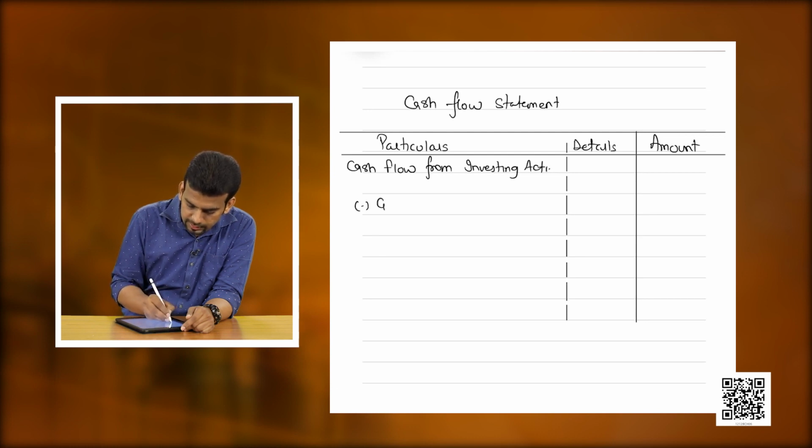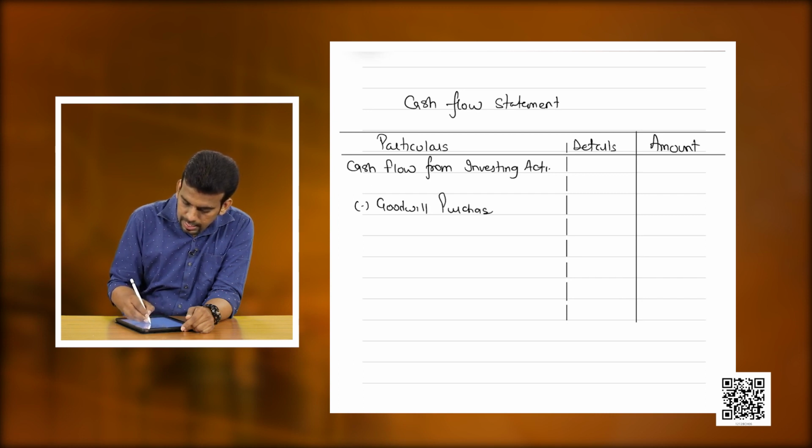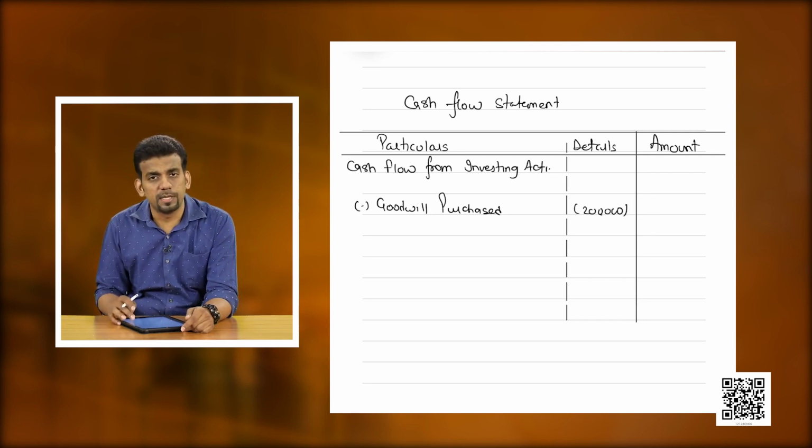And first thing is goodwill purchased, that is reduction, outflow of cash rupees 2 lakh. Then we have patents which has reduced from 1 lakh to 80,000, that means amortization, and this is not to be dealt in investing activities.